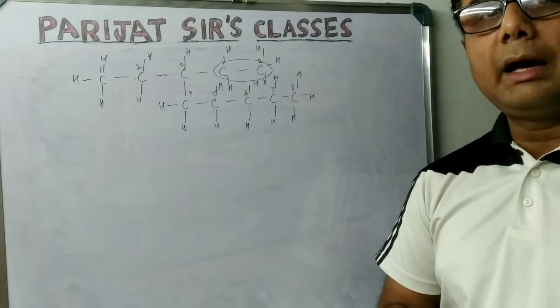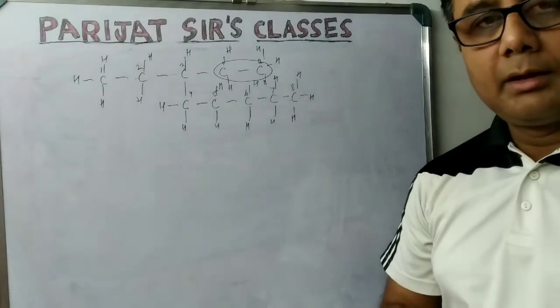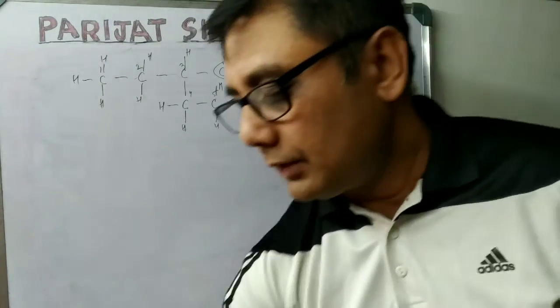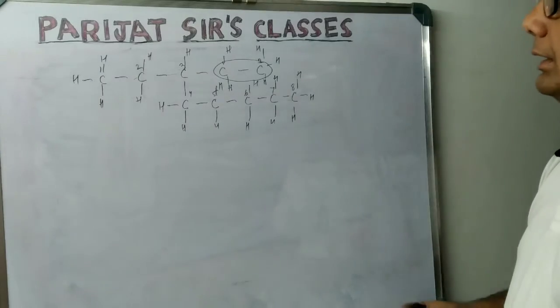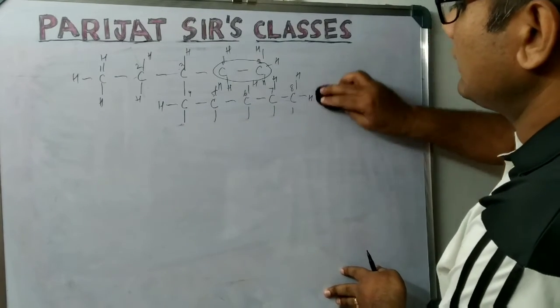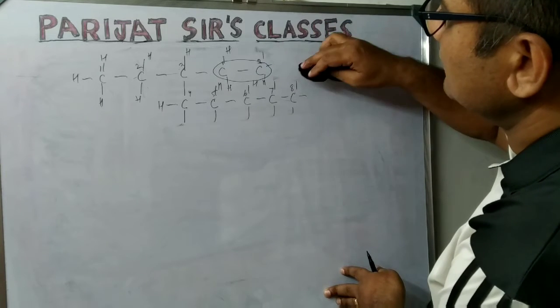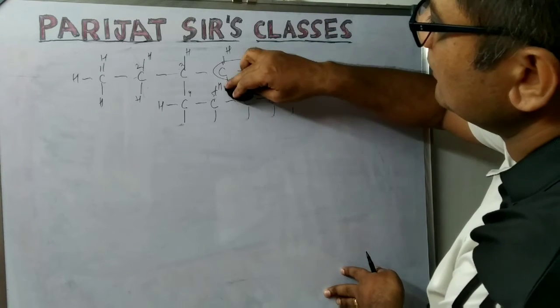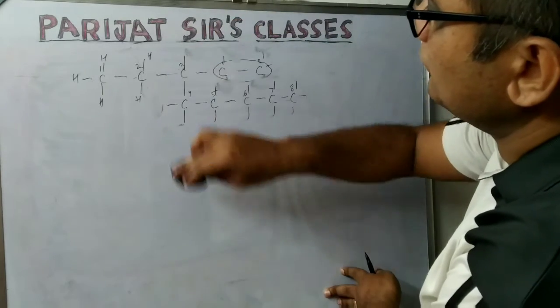Then the hanging group should have the lowest position. For the time being, if I remove the hydrogens, it will be easy for you to understand. These hydrogens remain actually. I'm just trying to make it as simple as possible for you.